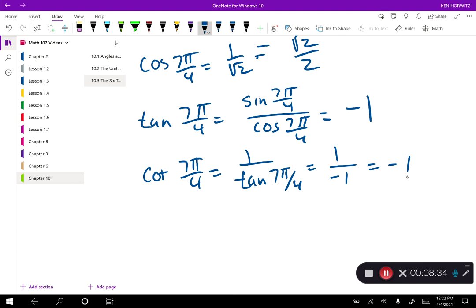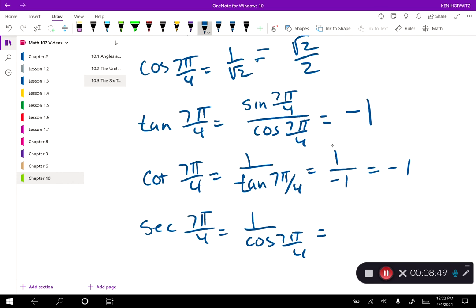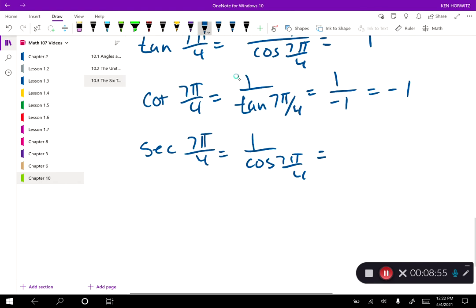So let's work through that. The secant of 7 pi over 4 is the reciprocal of the cosine of 7 pi over 4. Now we've already done the cosine. We don't need to do it again. Now I'm going to use the unrationalized number, and I'll show you why.